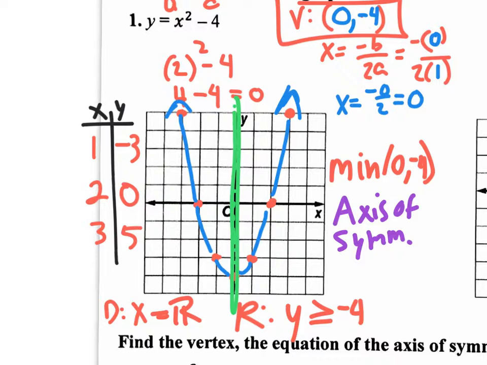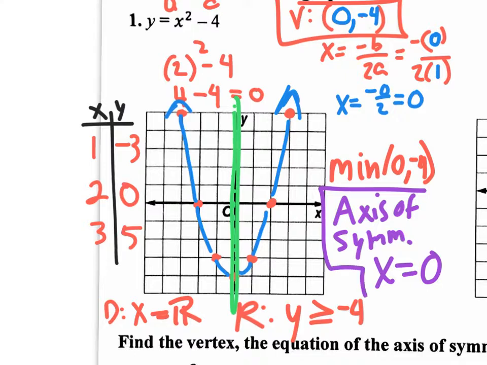Sorry about that. But anyways, the axis of symmetry is simply the vertical line that goes right through the x value of the vertex. So if they asked you for the axis of symmetry equation, that would simply be x equals the x value of your vertex.